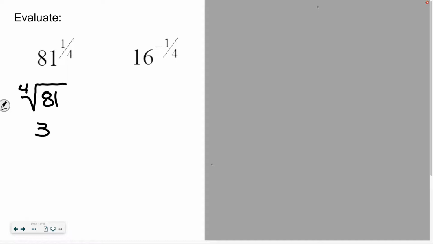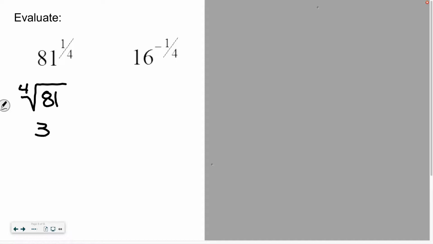Okay, negative exponents don't make anything negative. If you need to write that down right now, write it down. I'm saying it out loud, and you can copy my words. Negative exponents don't make anything negative.